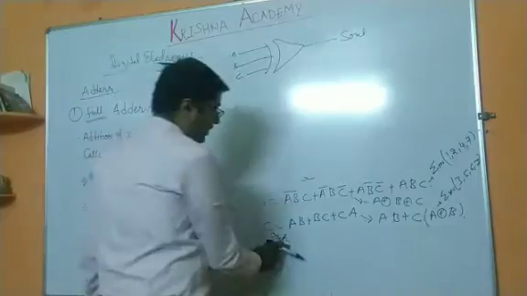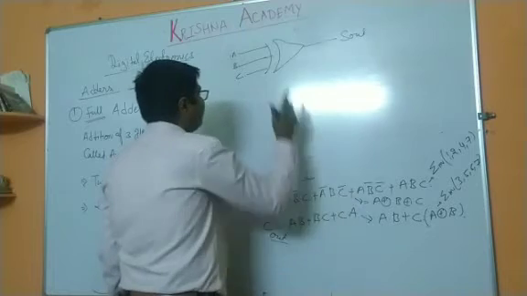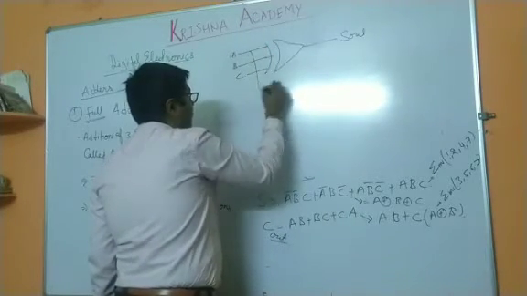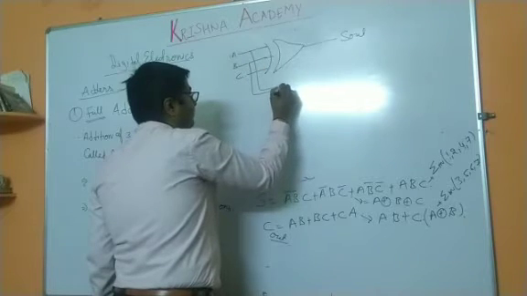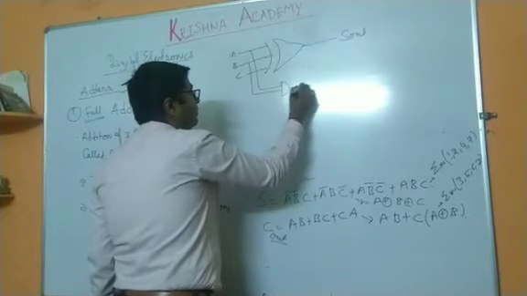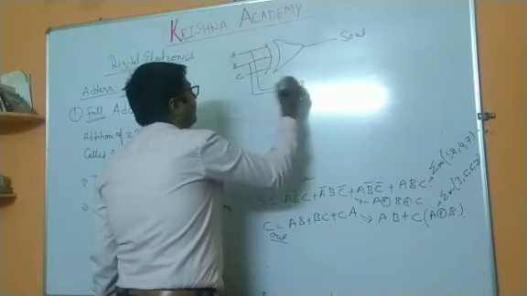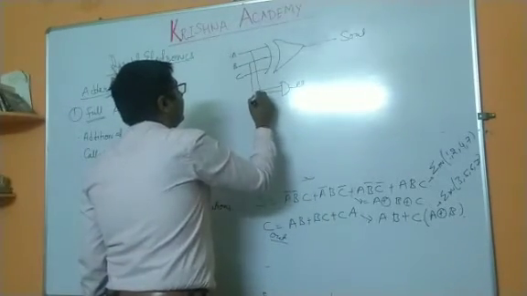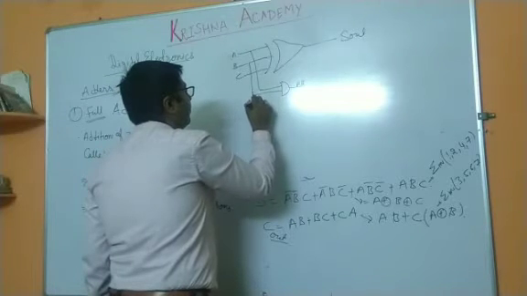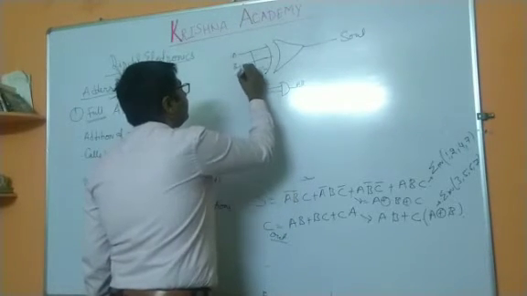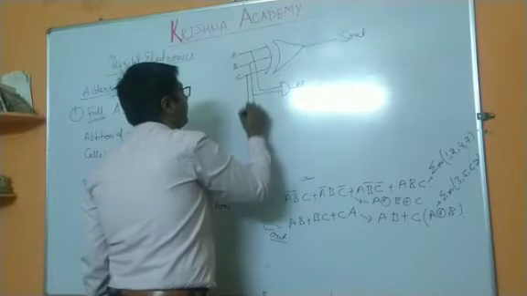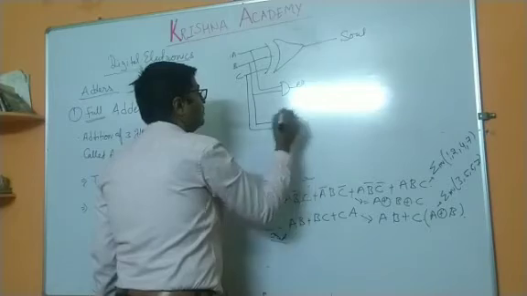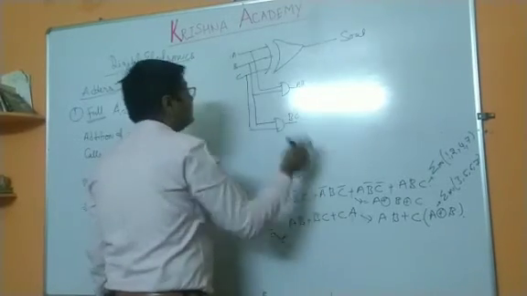Again, if we are talking about AB plus BC plus CA, we take this one is AB, then BC, and then CA.